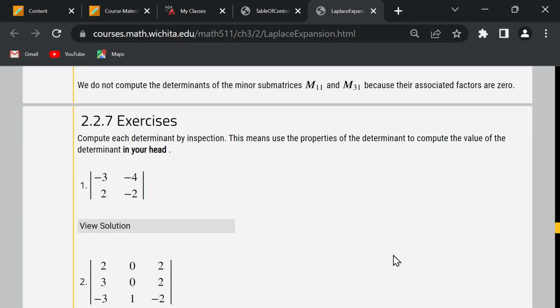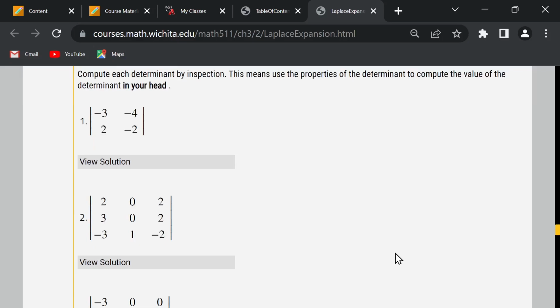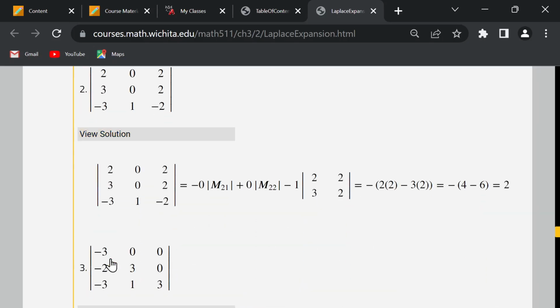You're supposed to do these in your head. What's the determinant of number 1? 6 plus 8. Does everybody see it? Okay. What about this one? Be careful. Positive, because the sigma's negative. It's positive 2, isn't it? Let's check. Okay.